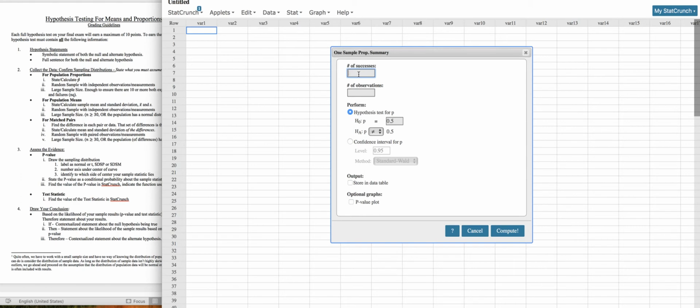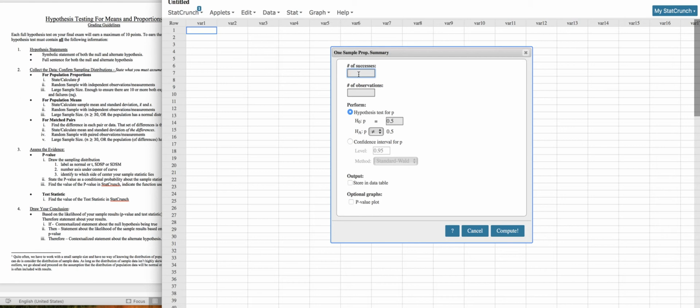Number of successes. Well, they didn't actually tell us the number of successes. They told us that in our sample, we had 66% of that sample doing what we wanted, and our sample size was 450. So to get the number of successes there, we're going to take 0.66 and multiply it by 450.